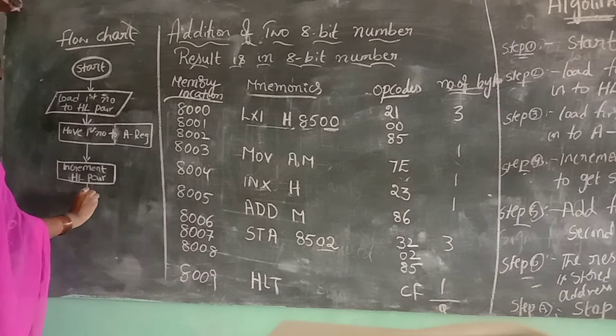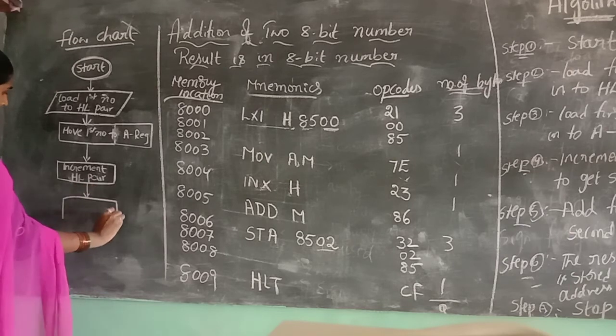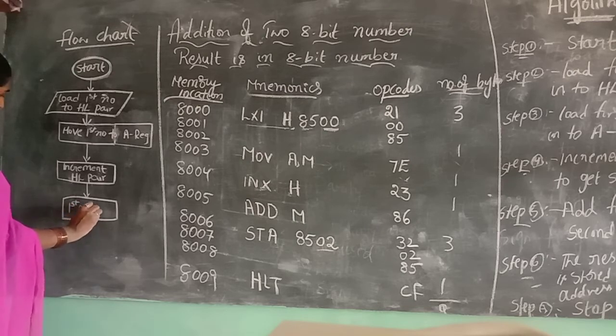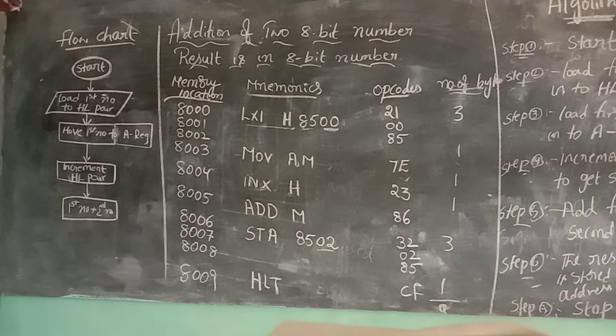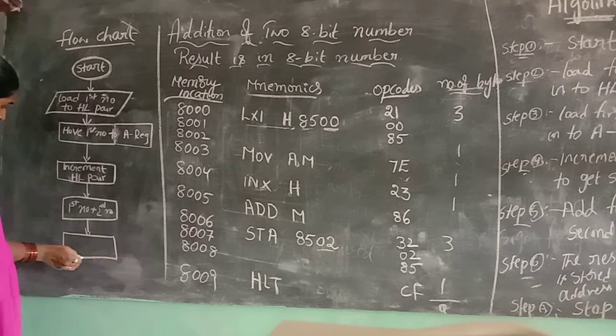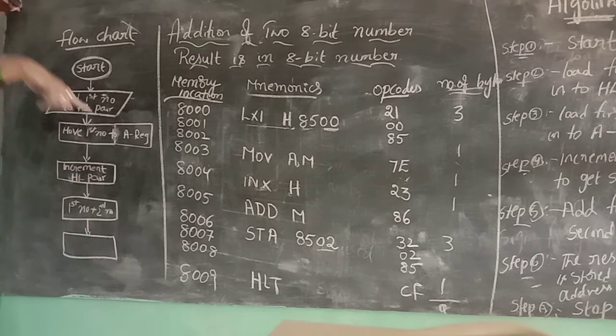Next one, addition: first number plus second number. Next, the result will be stored in the specified location.